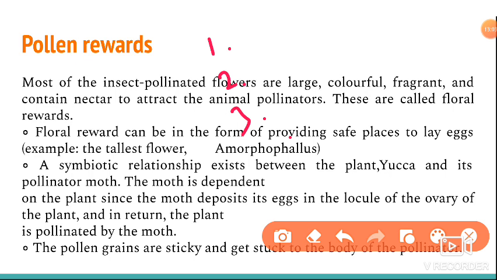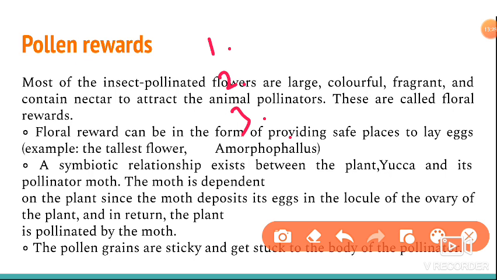Nectar is also one of the rewards. First, pollen grain is one reward. Second, you can see the safe places. They provide safe places for some insects and some birds to lay eggs. And the third one is nectar.